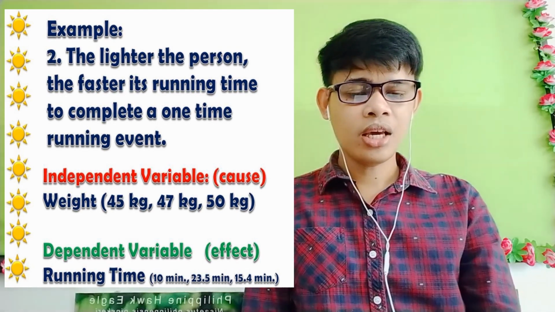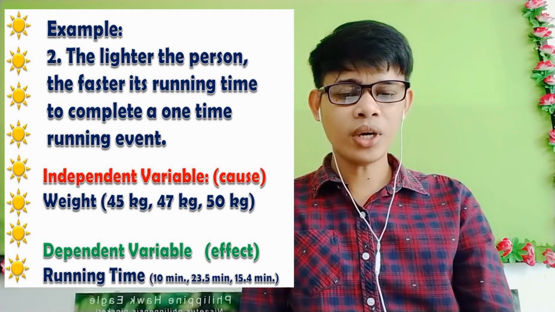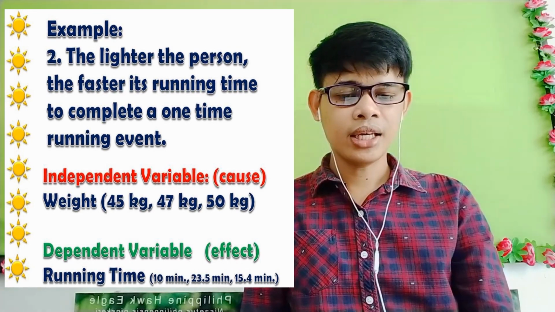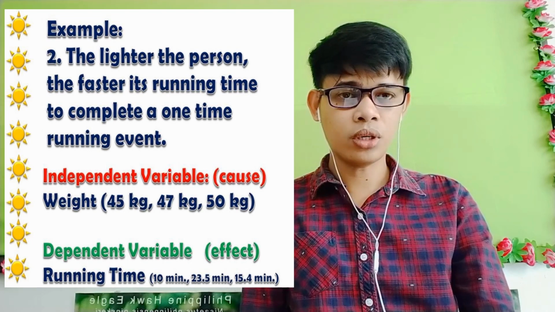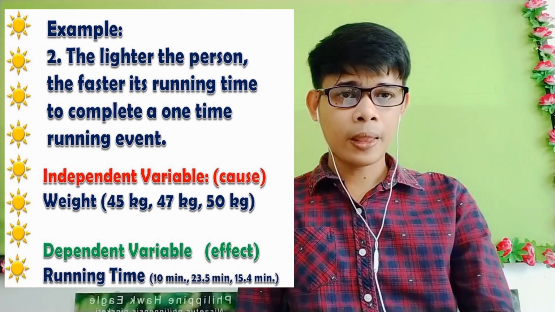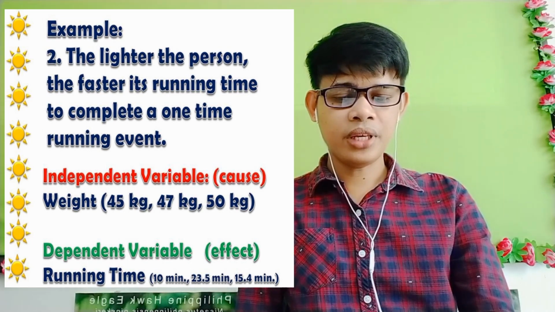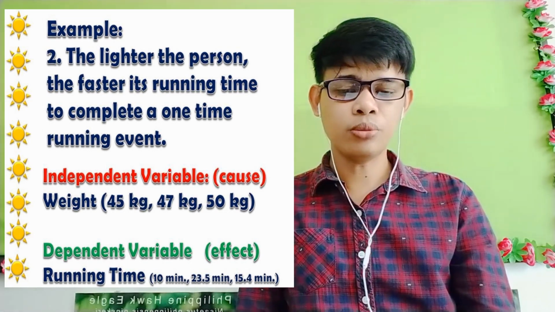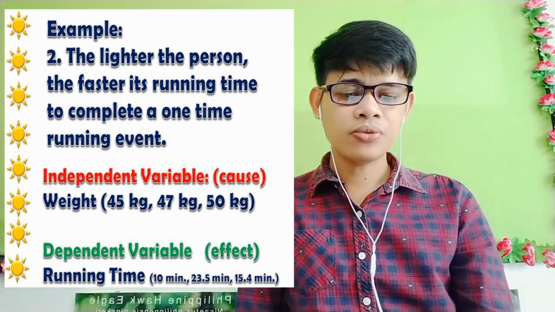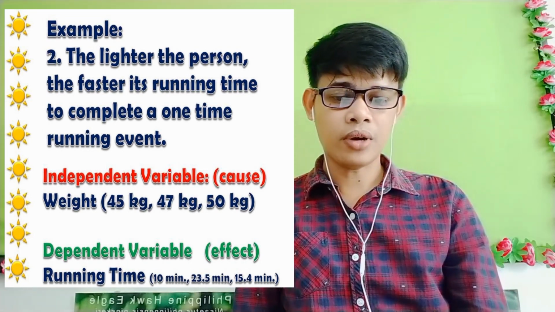Okay, because it was mentioned in the example that the lighter the person, so lighter meaning magaan, so it has to be related with weight. So weight here is our independent variable. It could be 45 kilograms, 47 kilograms, 50 kilograms.